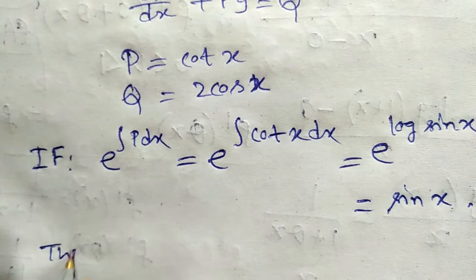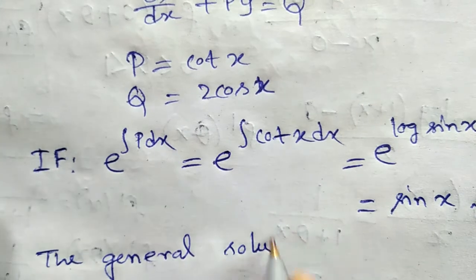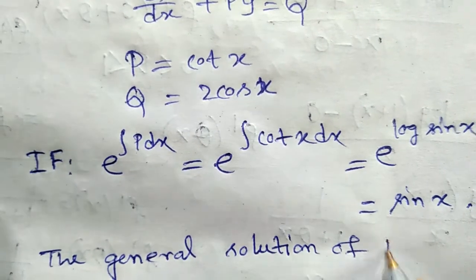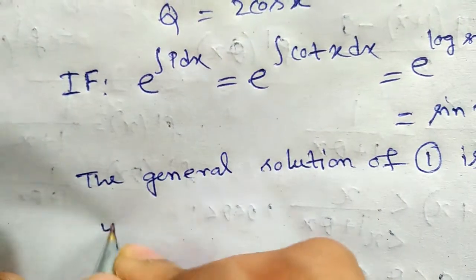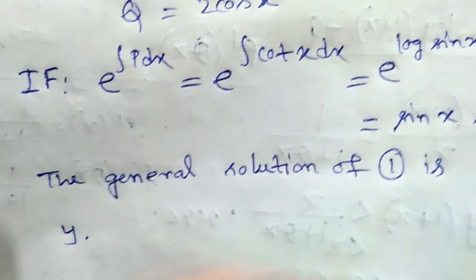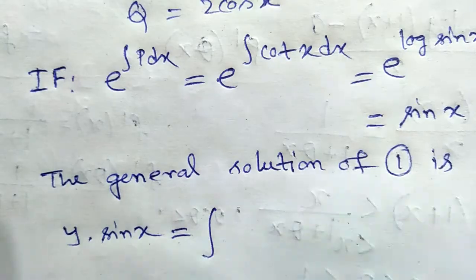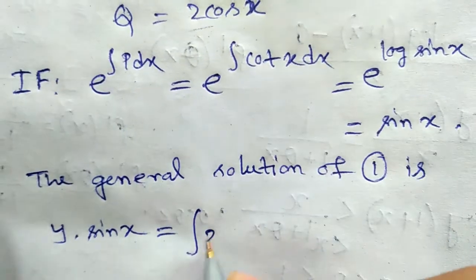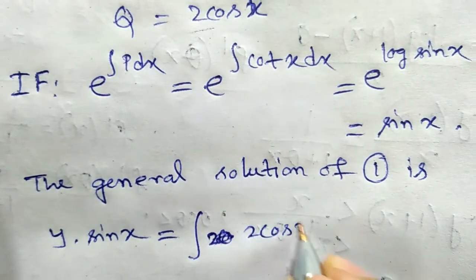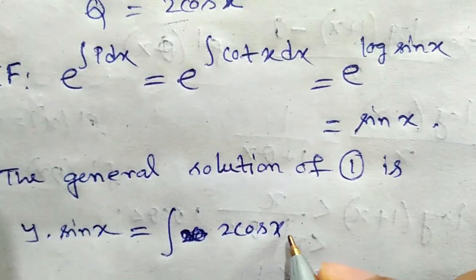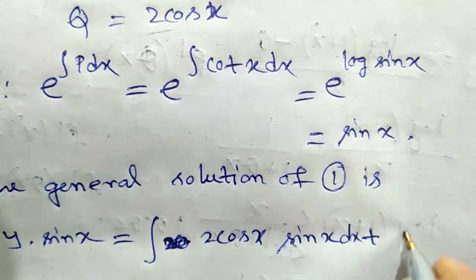Now the general solution of 1, our given ODE, is y times the integrating factor sin x equals integral of Q, which is 2 cos x, times the integrating factor sin x, dx plus c.